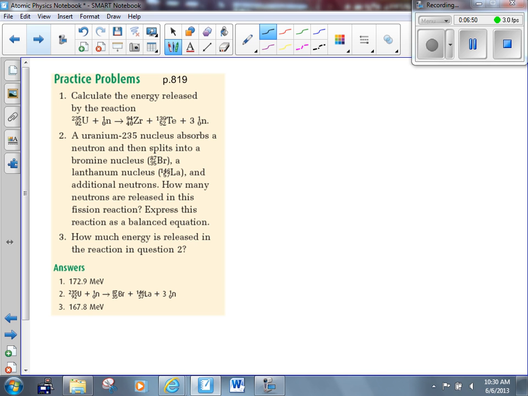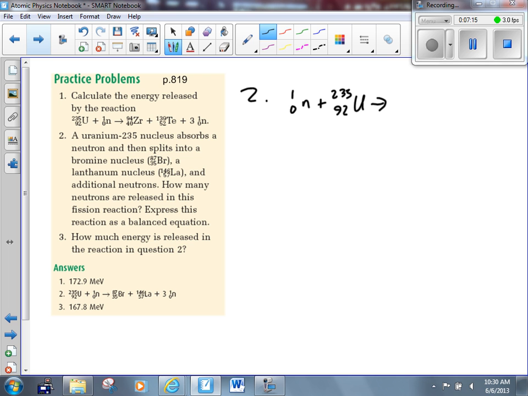All right, let's take a look at question number 2 and 3. Okay, 3 is pretty similar to question number 1. Question 2 requires us to get the balanced equation, as opposed to question number 1 where it's already balanced here. So question 2 says, we got uranium-235 absorbing a neutron, and that part's fairly straightforward.